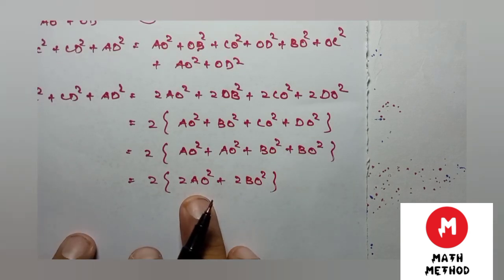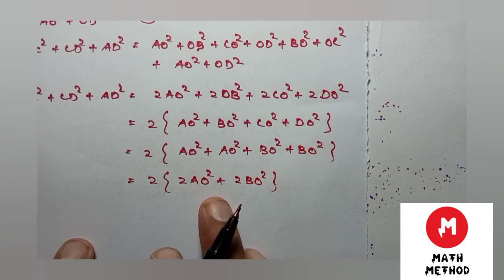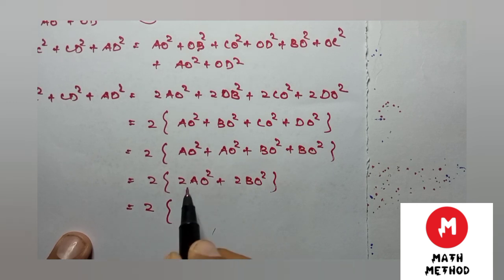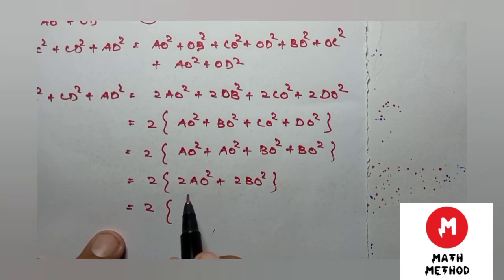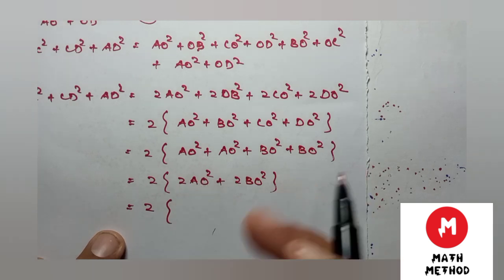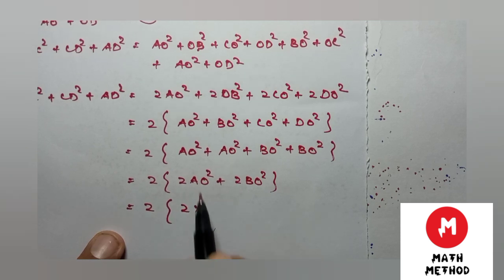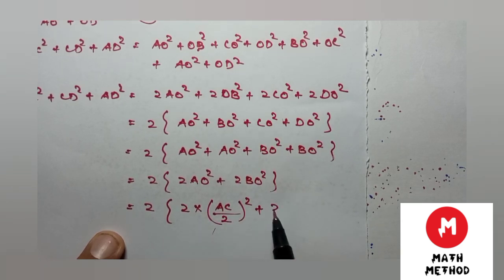As AC and BD bisect each other, I can write AO is equal to half of AC.